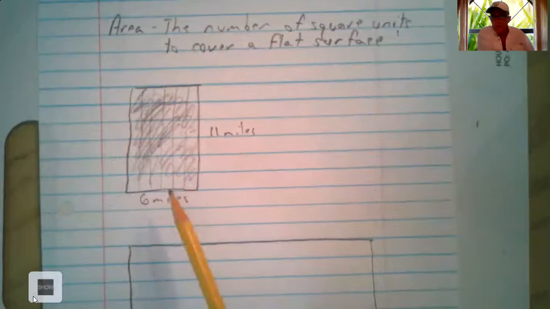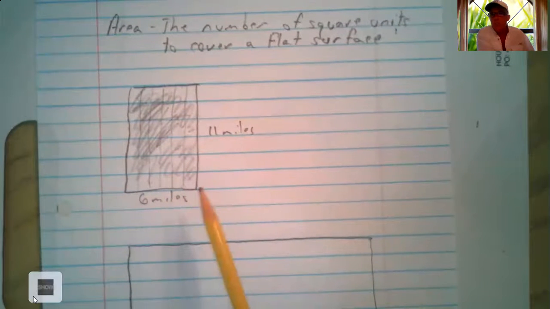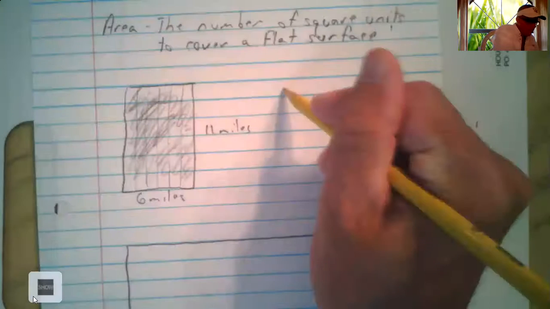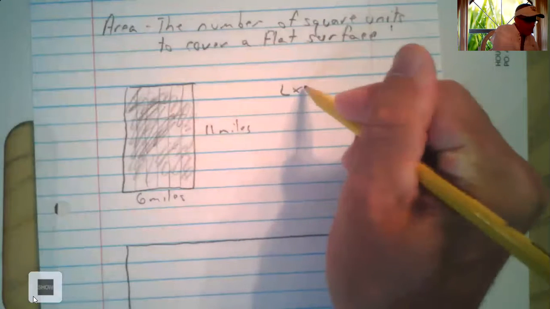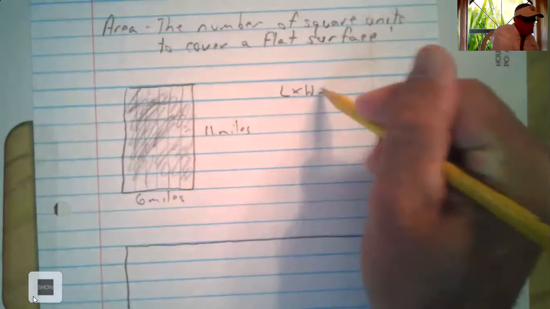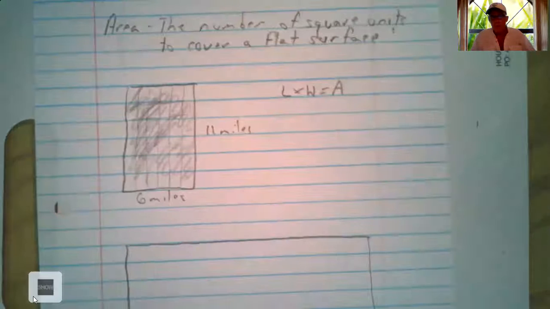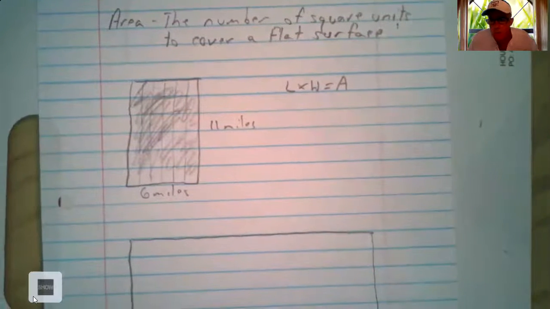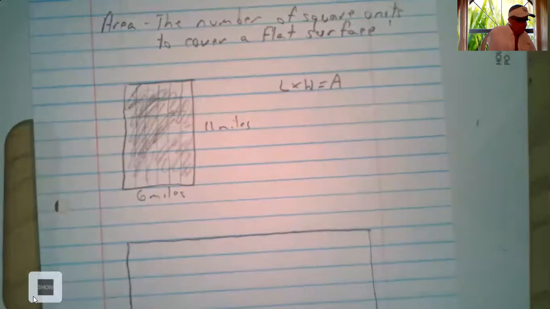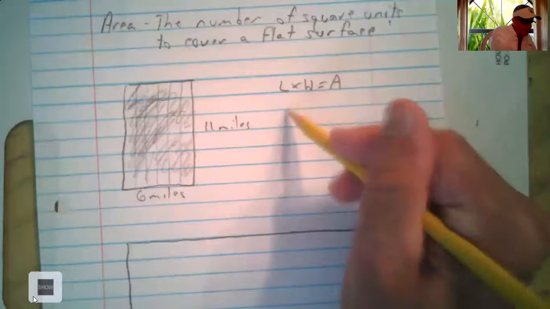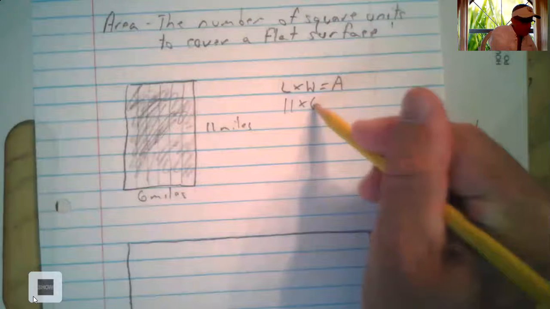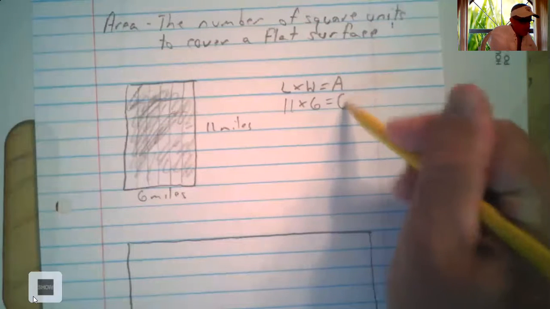Now we want to calculate the square miles inside this water park. The way we calculate area is length times width equals the area, the number of square units. The length is 11 times the width of 6. 11 times 6 equals 66. 66 miles?